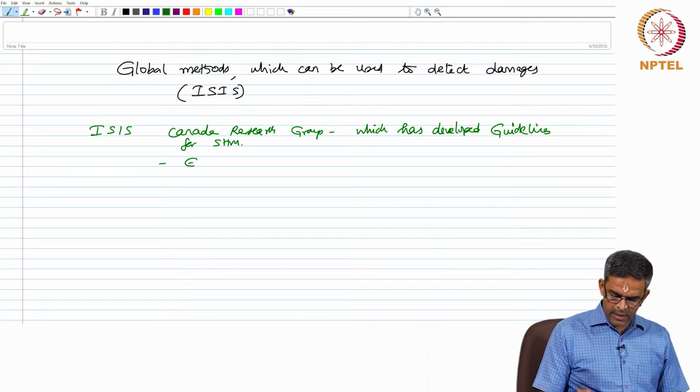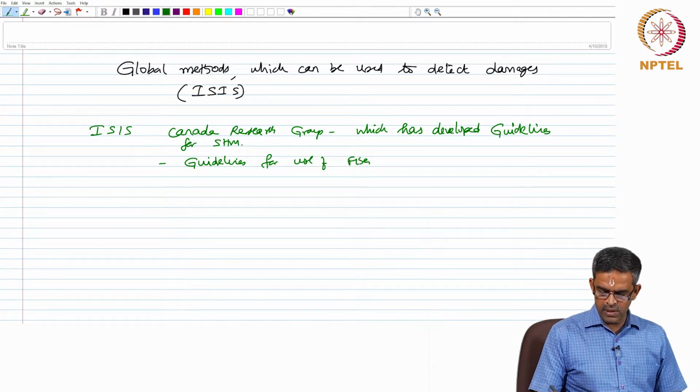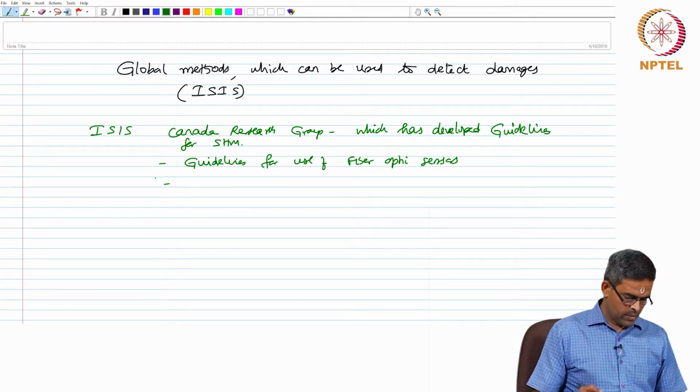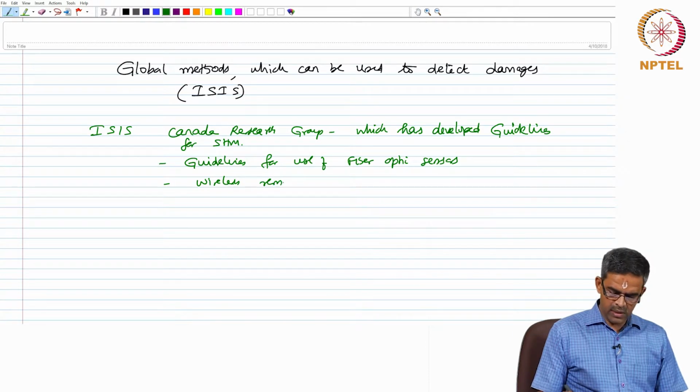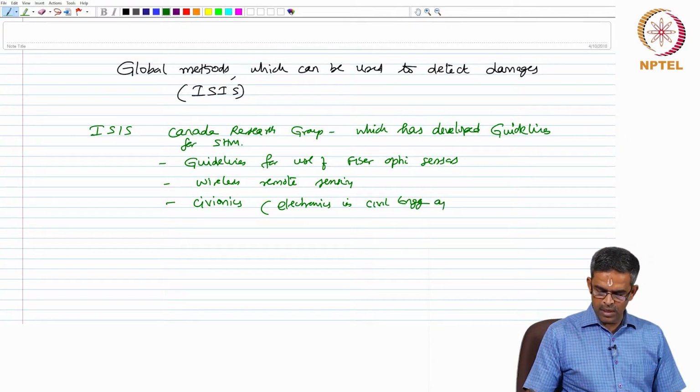They also have guidelines for use of fiber optic sensors, guidelines for wireless remote sensing, guidelines for avionics, that is electronics in civil engineering application.